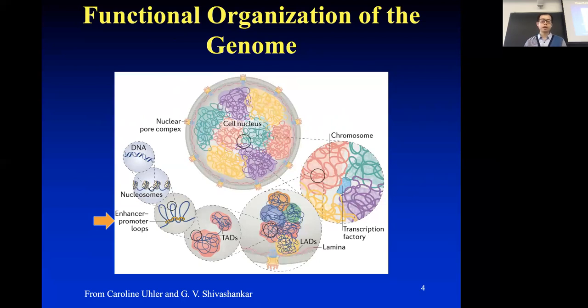As the example shows, there are three looping structures in the DNA region. For a loop, if we focus on two regions, in one dimension they are very far away from each other, but in three dimensions they are very close. And in real cases, many of those interactions are so-called enhancer-promoter interactions. Of course, I will explain this more in the next slide.